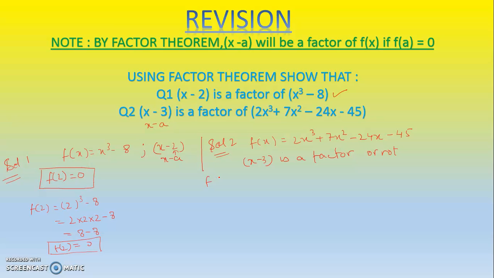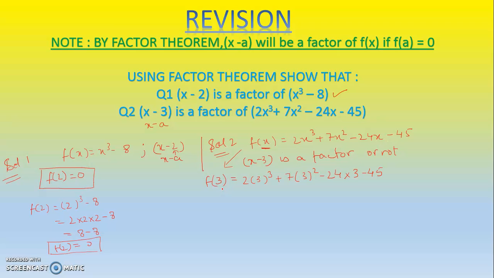So f(3) is equal to, in place of x I will substitute 3 in this f(x), which is equal to 2 into 3 cube plus 7 into 3 square minus 24 into 3 minus 45. Very simple, students. We are substituting 3 for x.